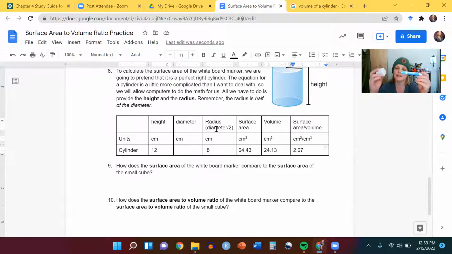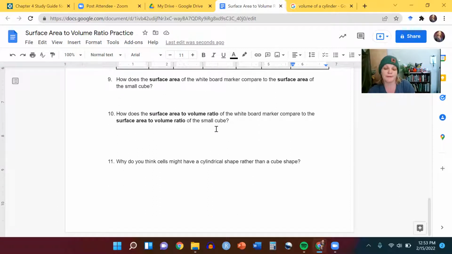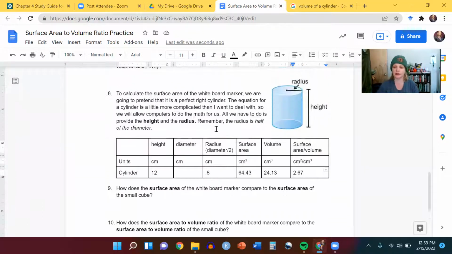So really the roundness also gives it a higher surface area to volume ratio. They're very similar in their surface area, but their surface area to volume ratio is much different. Hopefully that concept of why surface area to volume ratio is so important makes a lot more sense now.